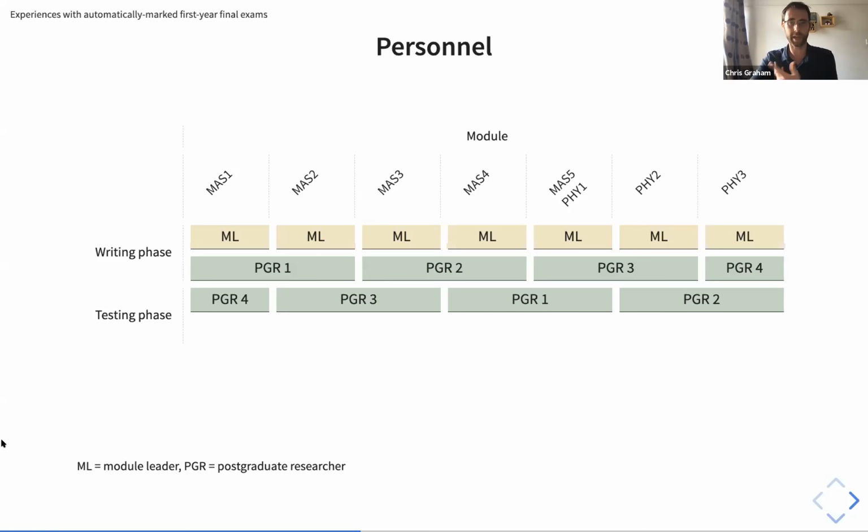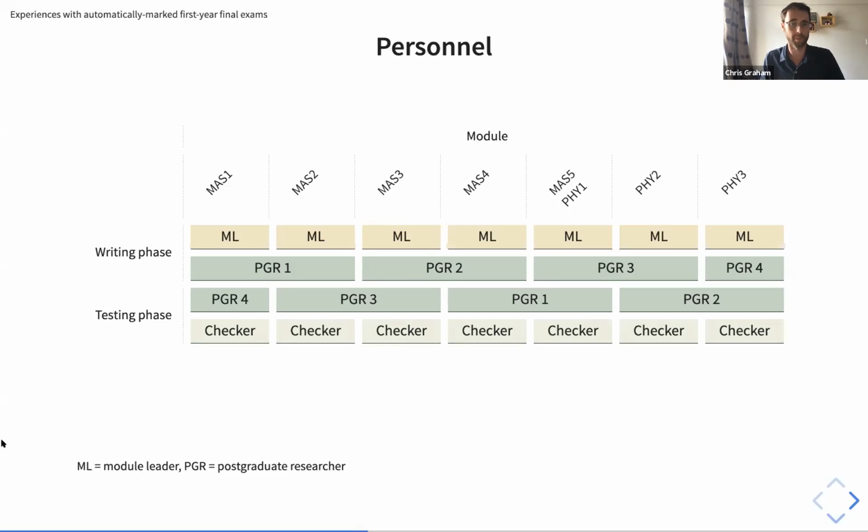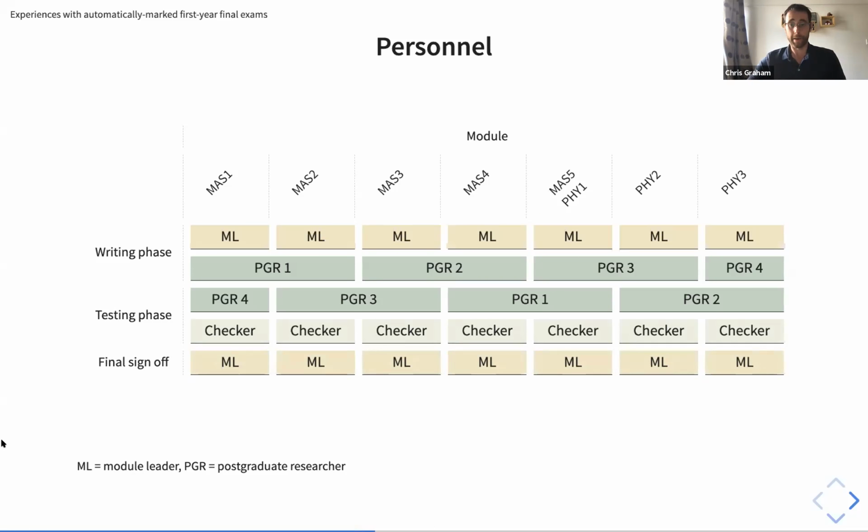So there was a lot of checking in this phase by the PGRs, by us, of course, and also by the module checkers. They effectively checked one version of the randomized questions. These multiple eyes on the content were really important. And finally, the module leader would give a final sign-off for their assessment.